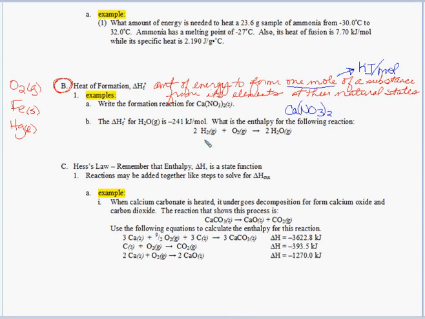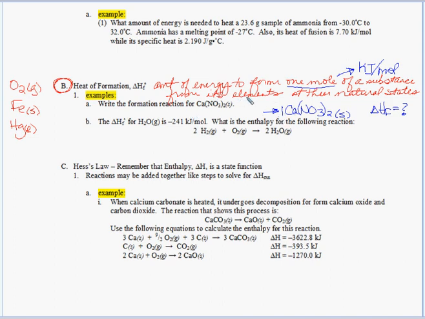So in our first example, we're going to write the formation reaction for calcium nitrate. And calcium nitrate is going to be a solid. In terms of our definition then, we want the amount of energy, so I could look up what this heat of formation is, and I could find it on that table. And we want it to form 1 mole, so that's a product, and we are forming it with an individual coefficient of 1.